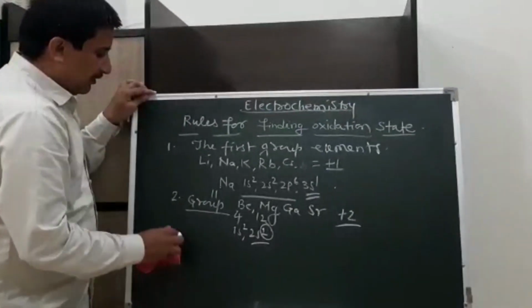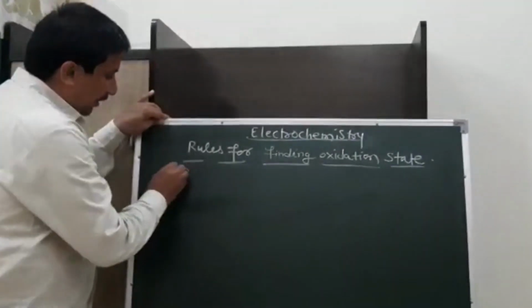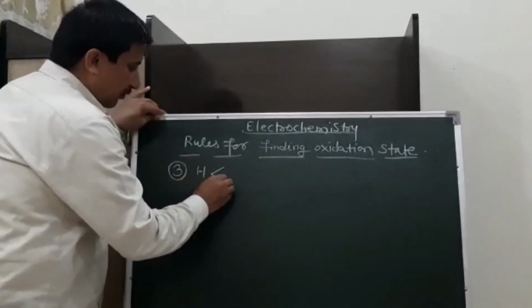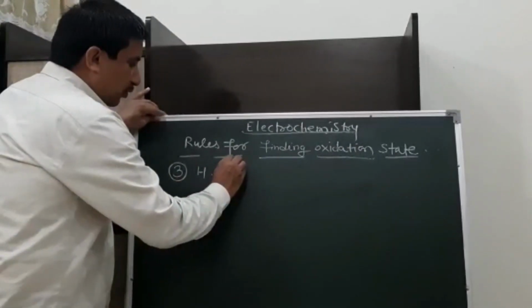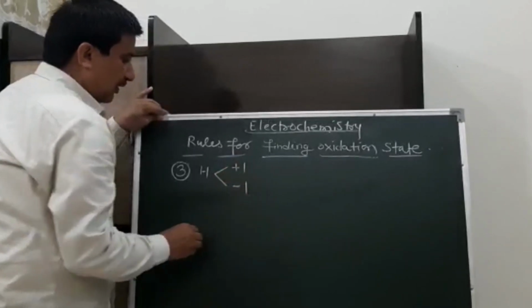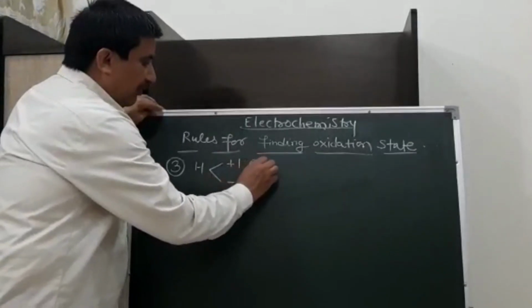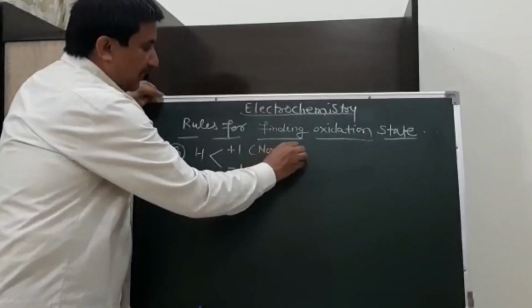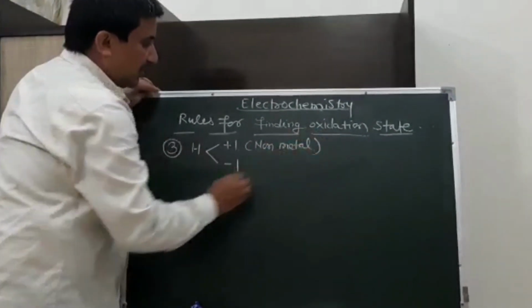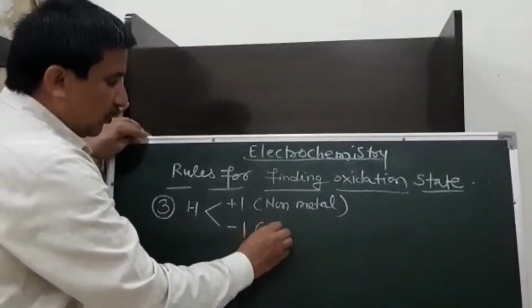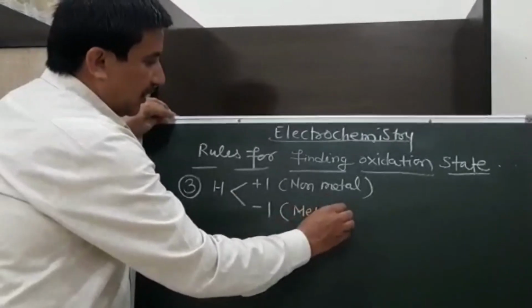Now the third is hydrogen. There may be two cases for hydrogen. It may show +1 and -1. Whenever it combines with non-metals, it shows an oxidation state of +1, and when it combines with metals, it shows -1 oxidation state.